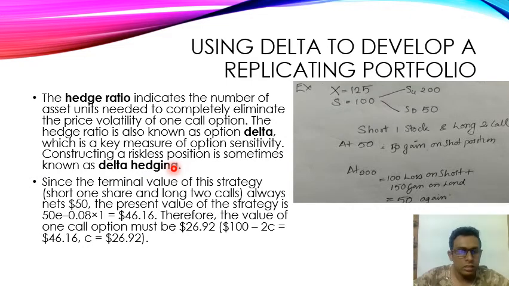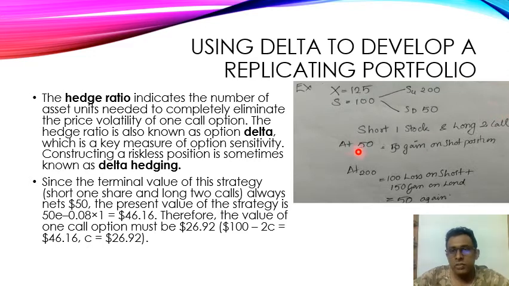So these 3 terms we need to remember, and for illustrating this, we'll take an example where the strike price is 125, the stock price is 100, and it can go up to 200 or go down to 50. If you take a combination of, say, stock and option, the value of this total strategy is going to remain $50.